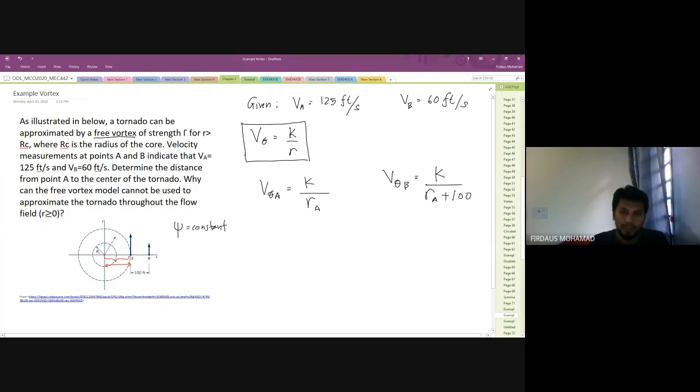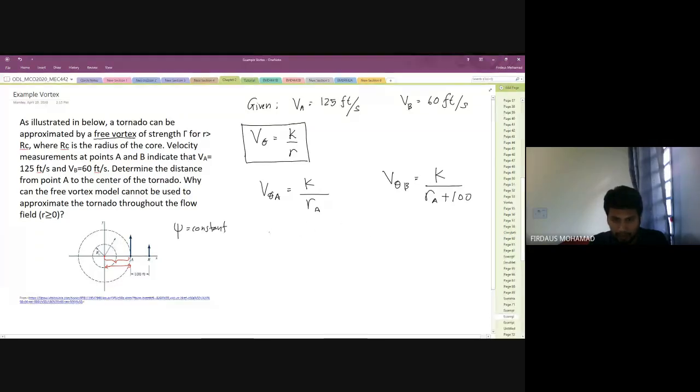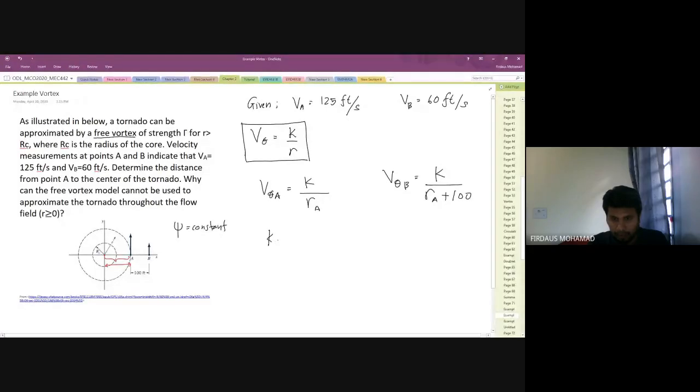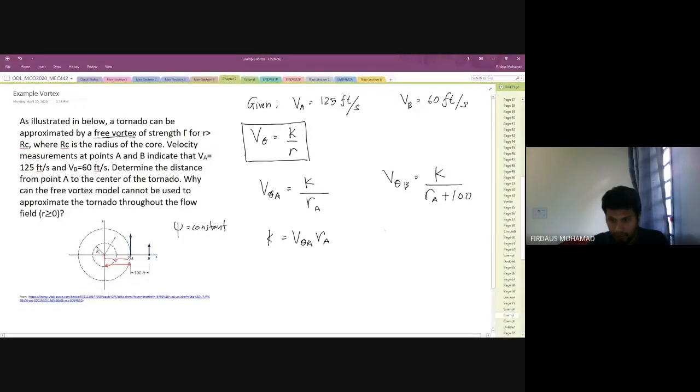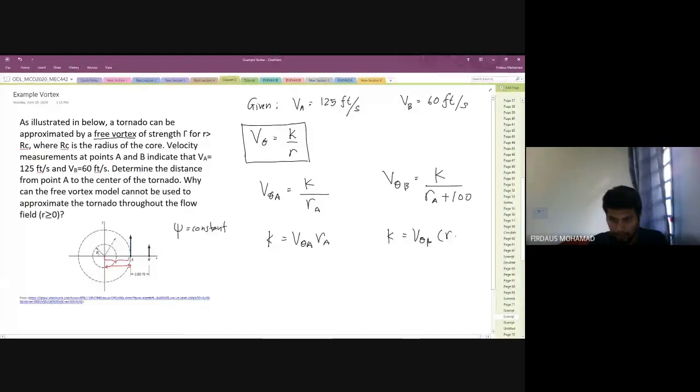So from this relation, we know that k is constant, meaning k for A is equal to k for B. So we can come up with k equal to v theta A times RA, and at B, k equal to v theta B times (RA plus 100), 100 feet.